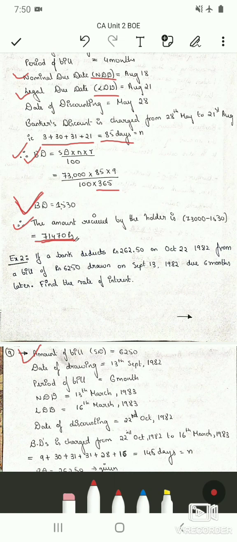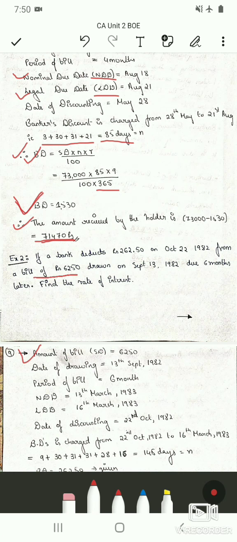So in this question, amount of bill, that is sum due, is 6,250. It was drawn on 13th September 1982, and it will be due after 6 months. So your period of bill is 6 months.